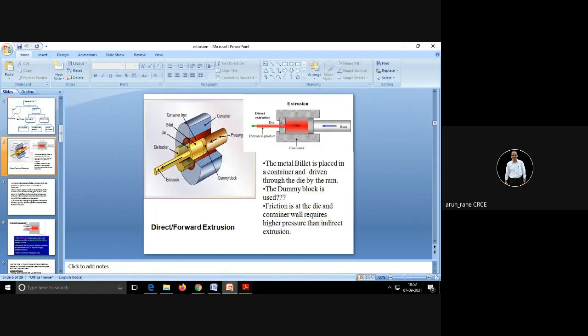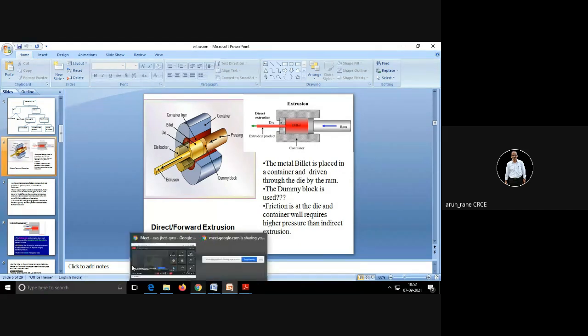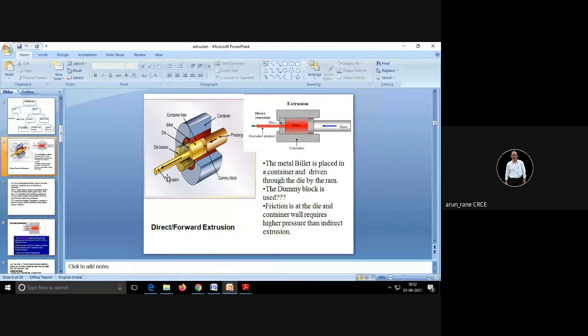There are two more kinds of extrusion, that is direct and indirect. Direct is also called forward extrusion, where the ram is pushing the billet material to the die. By default, it is always a direct or forward extrusion.